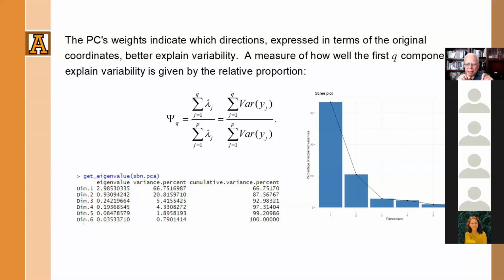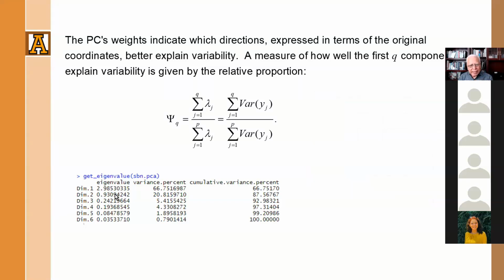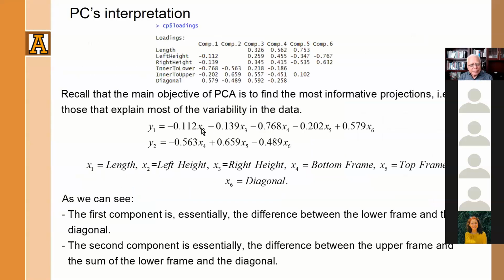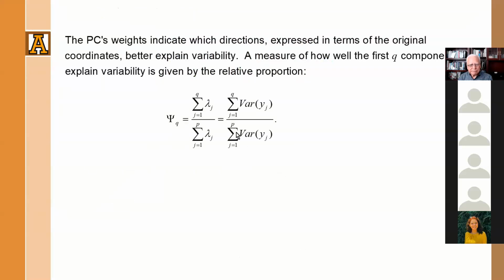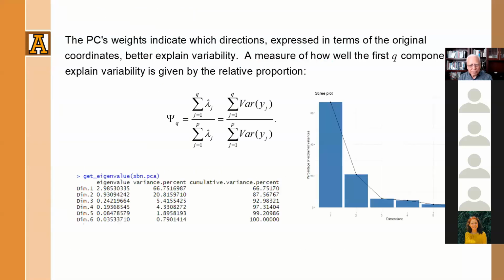And each element of that vector is the one that's multiplying the original variables to carry out the principal component transformation. And here, this is just the eigenvalues. So this eigenvalue, 2.98, corresponds to this principal component, the second eigenvalue to this one, and so on. Okay? Thank you, teacher. You're welcome.